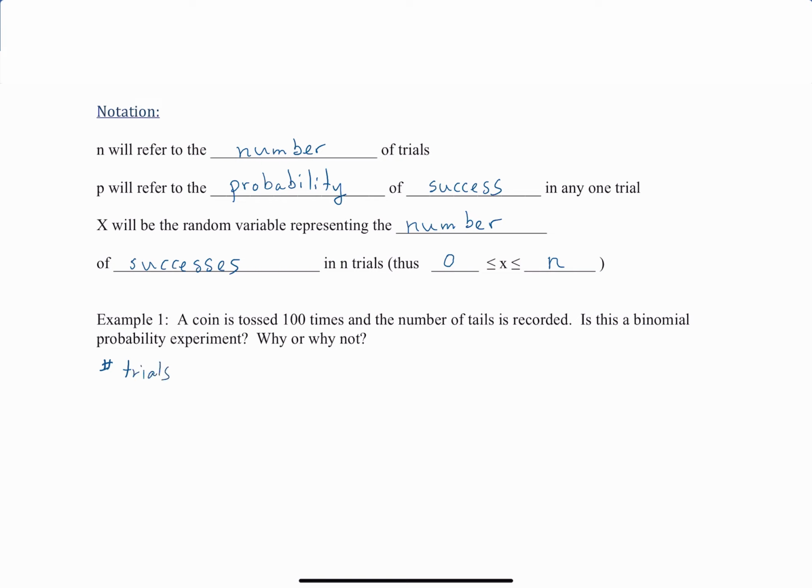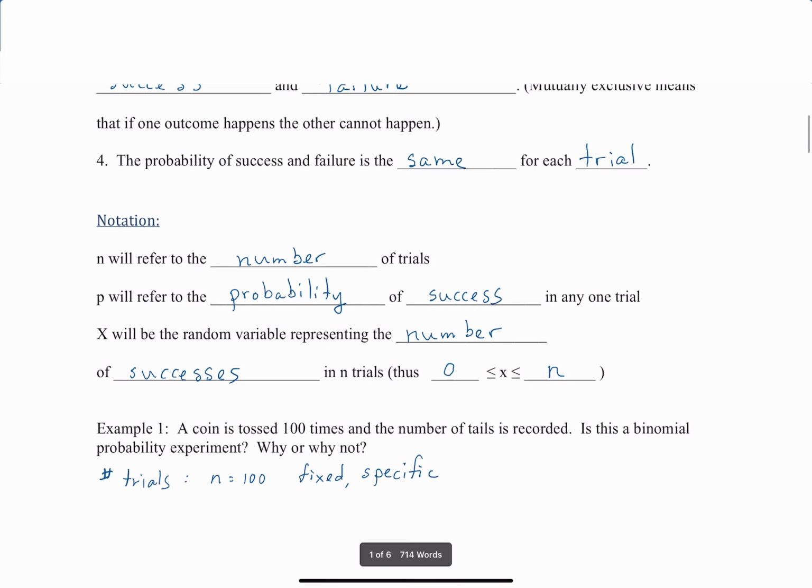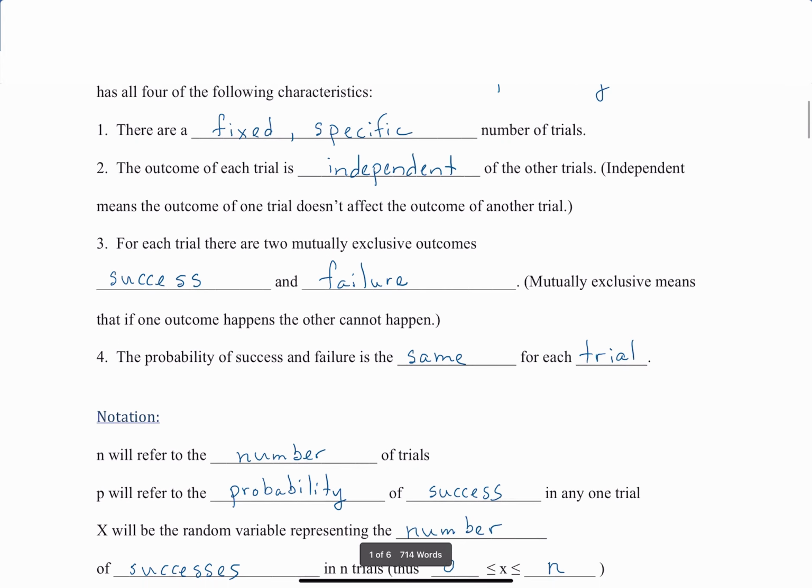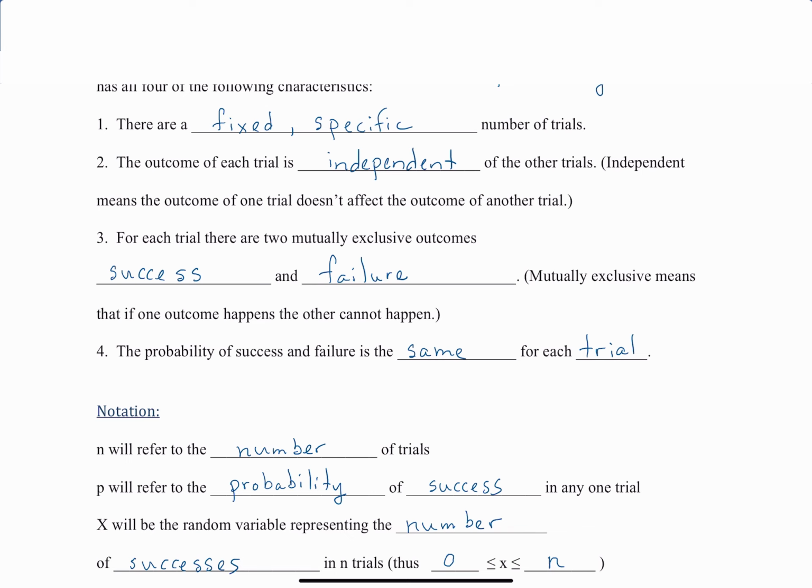The number of trials we're going to call n. So the number of trials is n equals 100. That's fixed. In other words, unchanging, and it's been specified. What else does this need to satisfy to be binomial? Okay, the outcome of each trial is independent of the other trials.